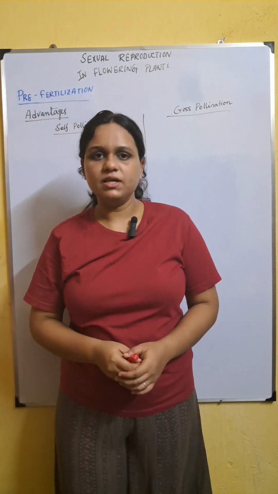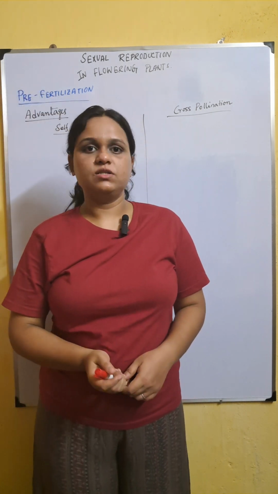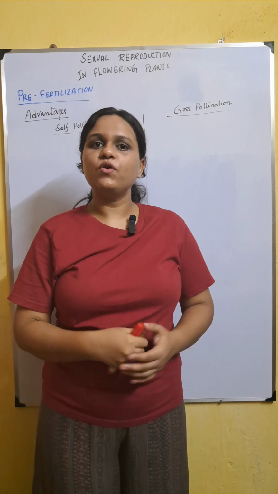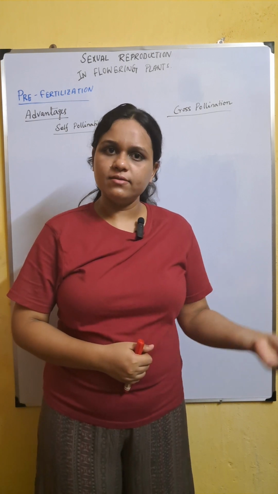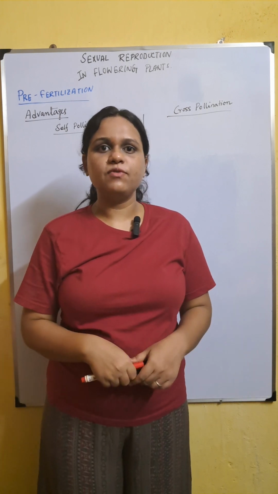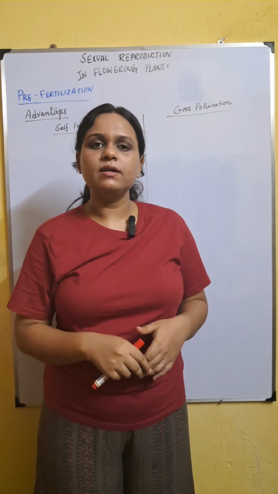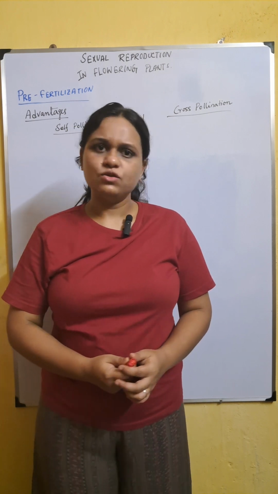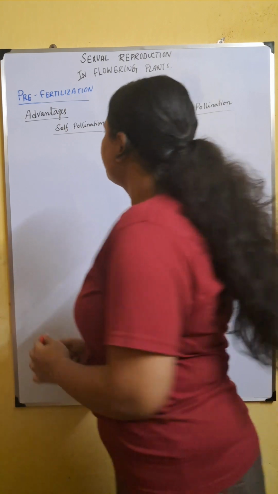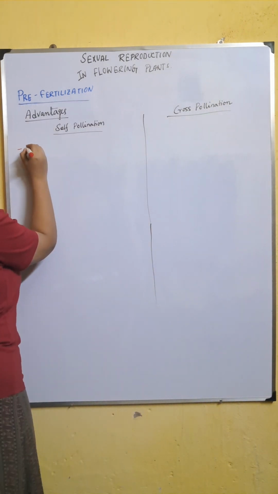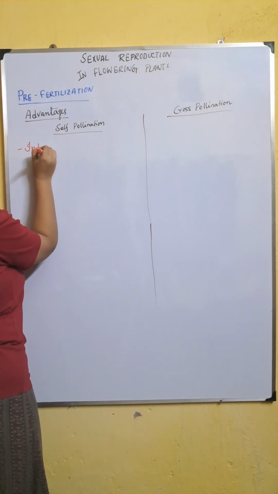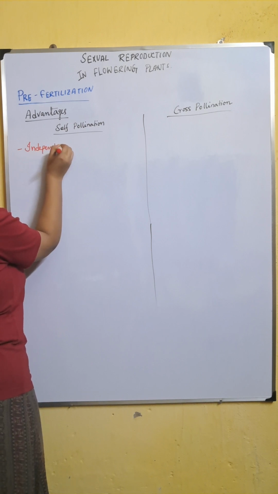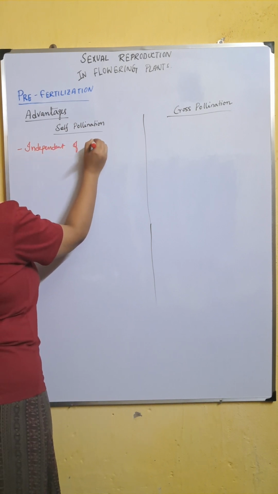As we have seen, in case of self-pollination, there is transfer of pollen grain from anther to the stigma of the same flower or in the same plant. So there is not much importance of agents. So we don't need agents. Self-pollination is independent of agents.